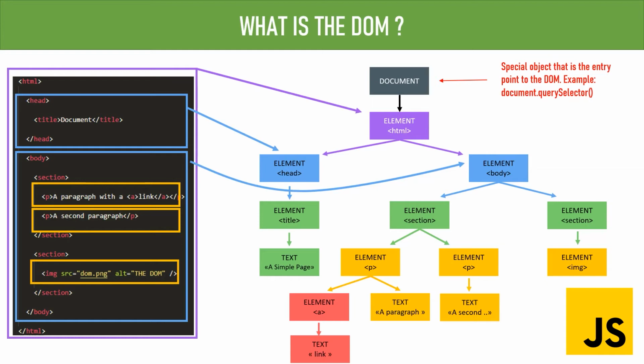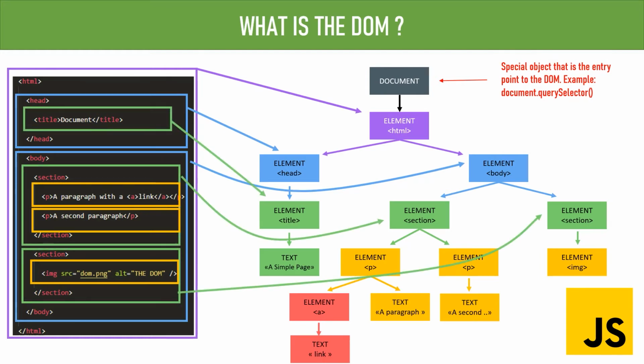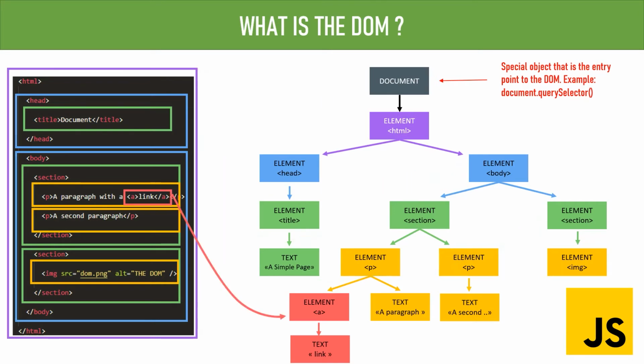So, inside head and body, you have more child elements, and the two sections in the body even have child elements themselves. And from here, it goes even deeper because the first paragraph also has a child, which is this link element here. Okay? And with that, finally, we have all our HTML elements in the DOM tree.